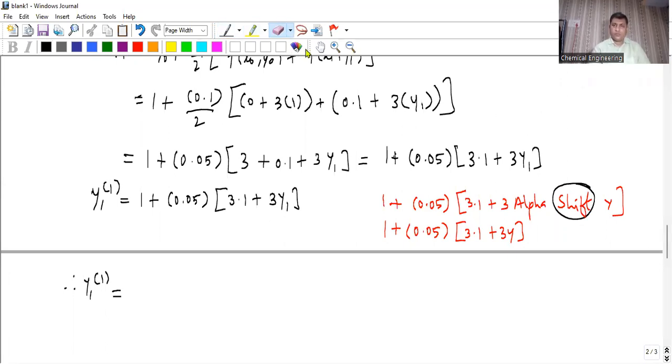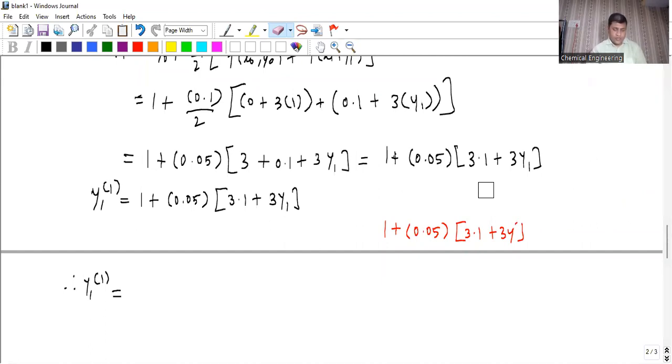So it's 1.35. Wait. So you got this one, got this equation. So it is going to be 1.35 is the answer. So 1.05, and you have 3.1 plus 3 times y, and that's what we have.